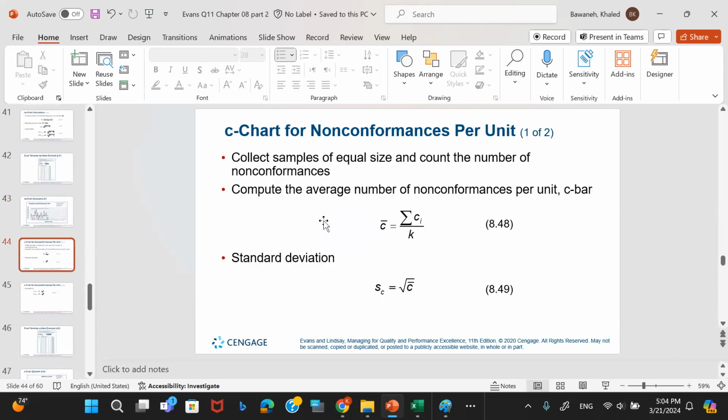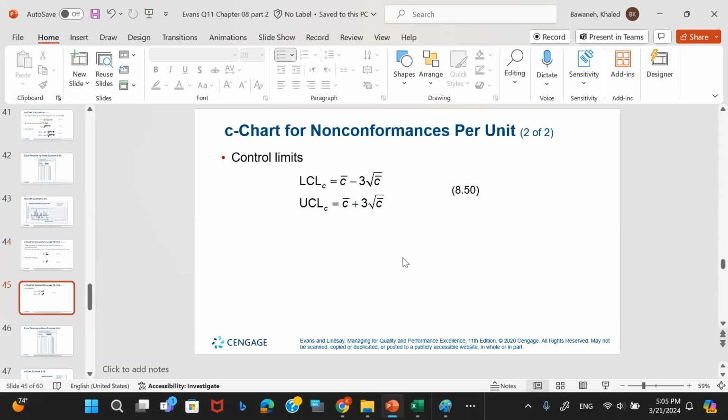There is also a formula for that. There is a C chart, the count of non-conforming. Compute the average number. So this is count C, and the standard deviation of C is the square root of C bar, the average of the count.